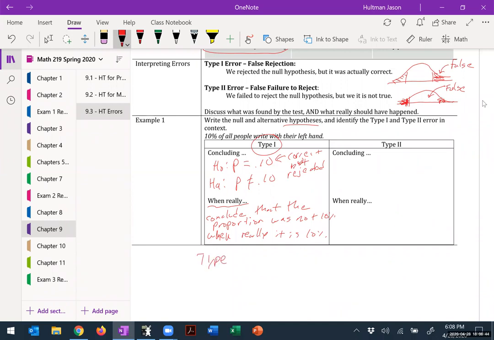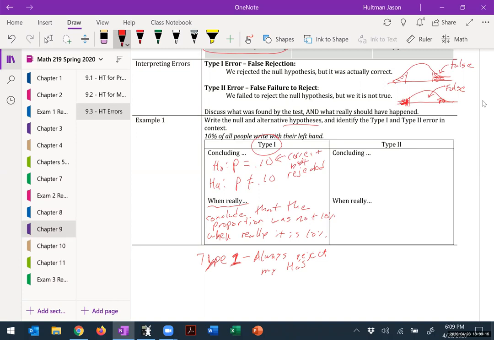For me, type 1 error is the easiest one to remember. If I can remember type 1, then I just know that type 2 is the opposite. And how I remember it is kind of tongue-in-cheek: I always reject my hoes.